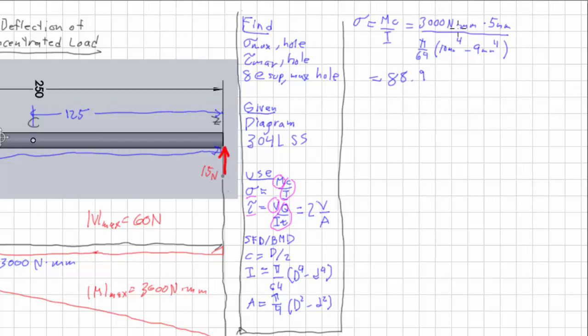88.9, let's see what our units are up here, Newton millimeter over, well, this thing comes out to millimeters to the fourth. And so we cancel, there are 4 millimeters on the bottom here, 2 up on top here. So we end up with Newton per square millimeter, and that is in megapascal.